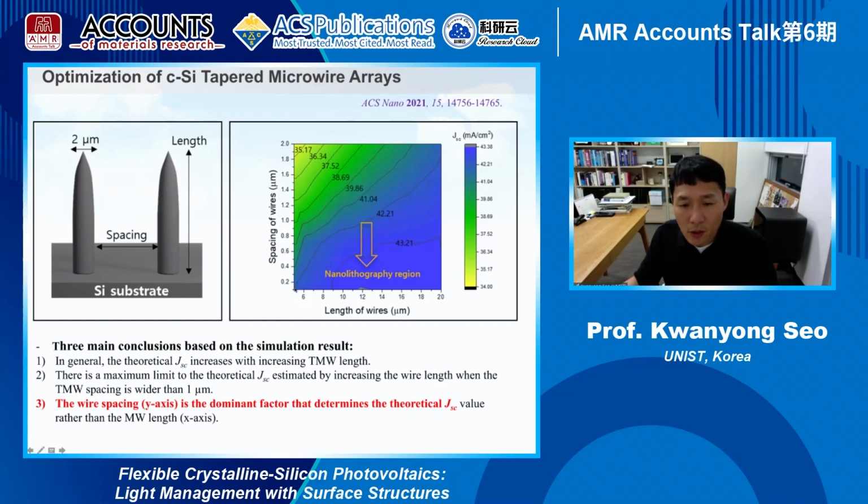For example, with 200 nanometer spacing, regardless of the wire length, we can always obtain almost the maximum current density, around the 43 value. So based on this map, we try to find the 200 nanometer spacing of wires and almost 10 micron length. It should show about 43 milliampere per square centimeter current density, which is a very meaningful value.